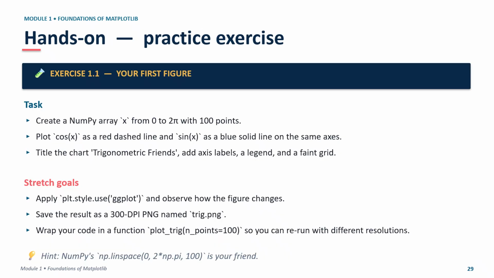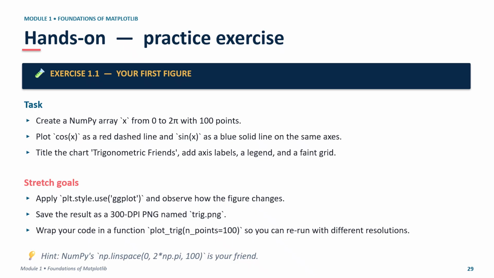So now, practice is how learning becomes skill, right? This hands-on exercise can reinforce everything from the entire lesson that we have learned. So this is the task. I'll just tell you what you are supposed to do under each step.